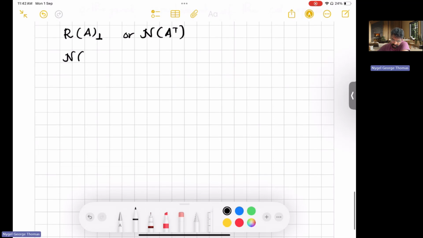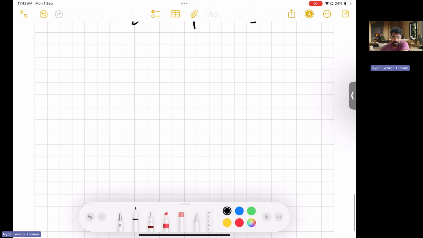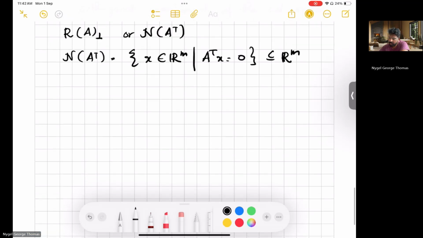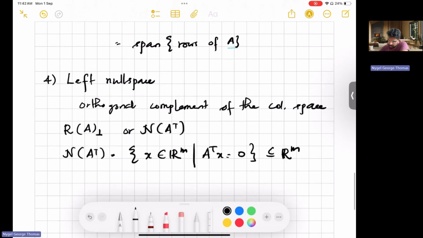How do we define that? Null space of A transpose is the set of all x which belong to Rm such that A transpose x is equal to 0. In fact, it's a subset of Rm. So we've seen this is an orthogonal complement.